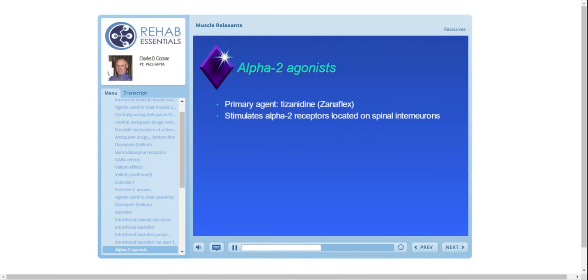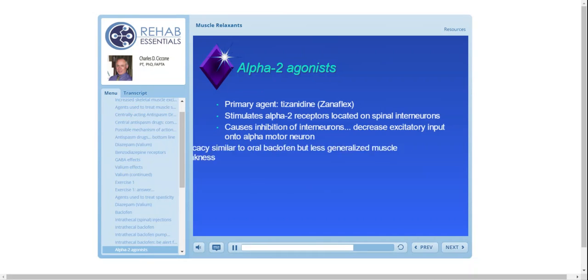The primary agent in this group is a drug called tizanidine, or Zanaflex. And it does stimulate, as the name says, the alpha-2 receptors that are located specifically in spinal interneurons, the small neurons connecting other synaptic activity within the spinal cord itself. So by stimulating these neurons, we're going to get less excitation.